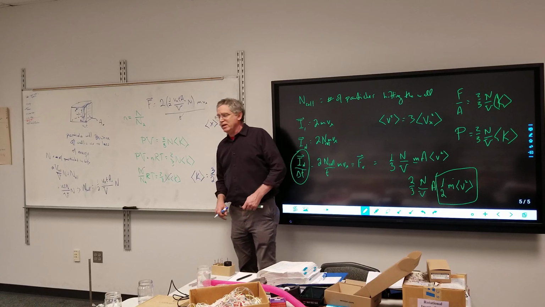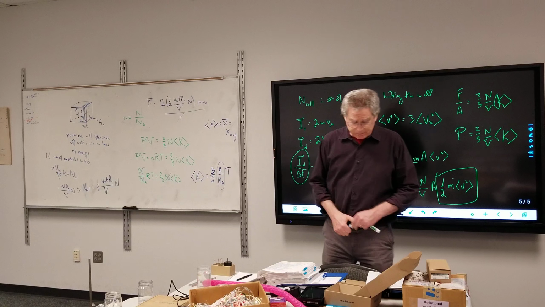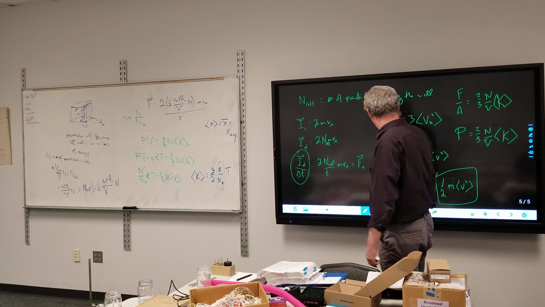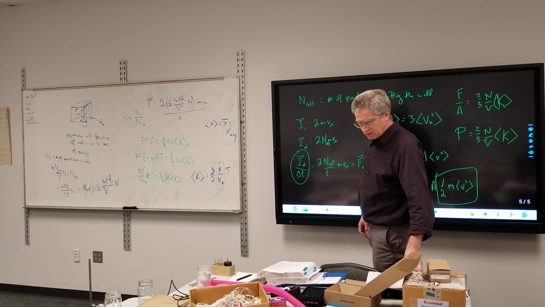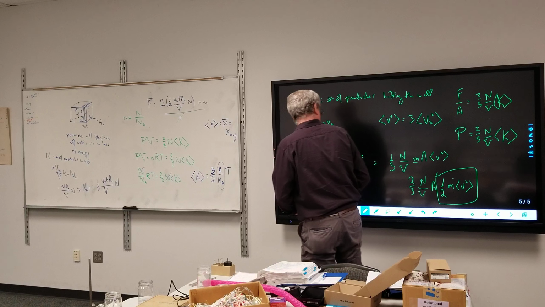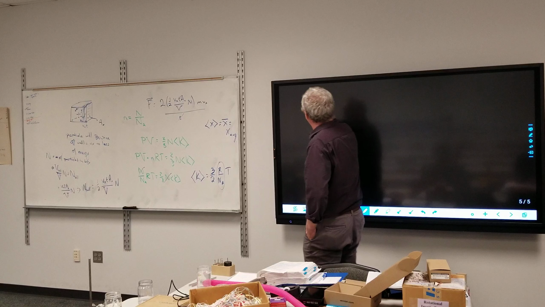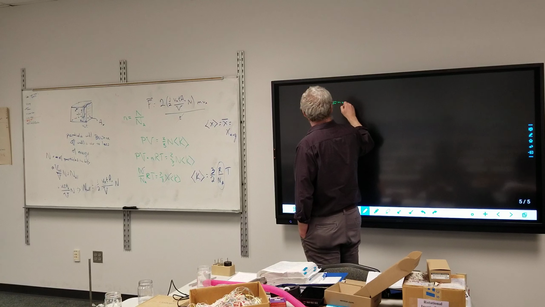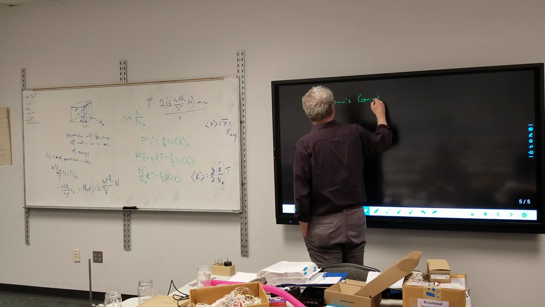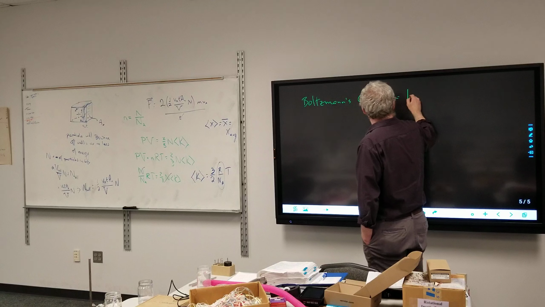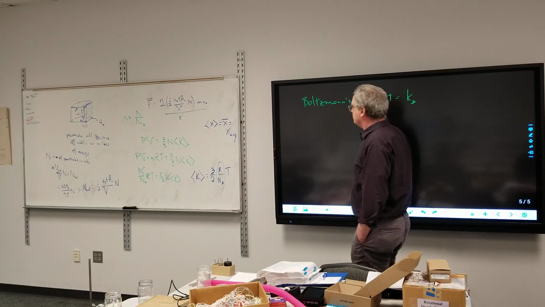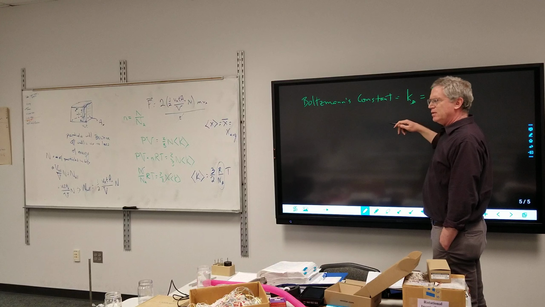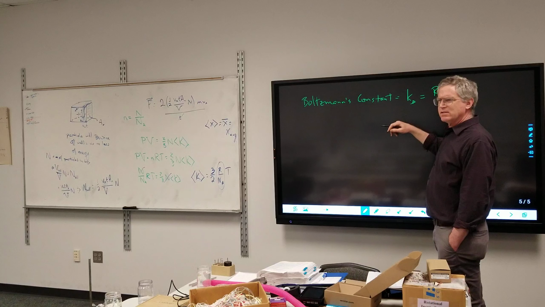And that is something else. That is known as Boltzmann's constant. R is the gas constant, ideal gas constant, I forget.